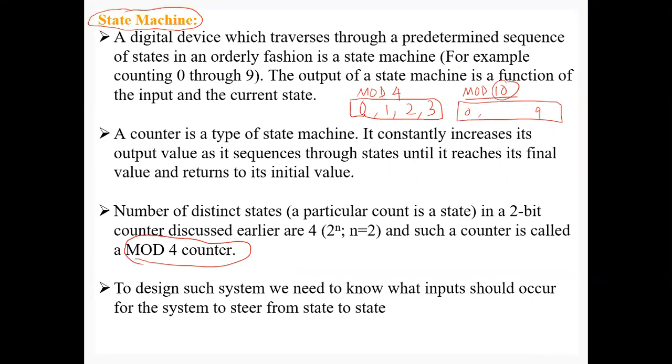So we know what it is going to go through: 0, 1, 2, 3, or 0 through 9. So it's predetermined, in an orderly fashion. It goes in order, like 0 to 1, 1 to 2. So this kind of machine is called a state machine.